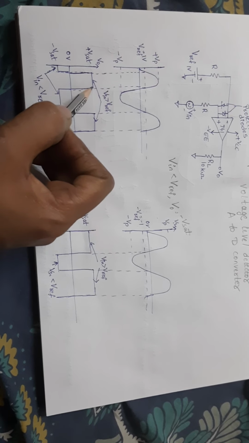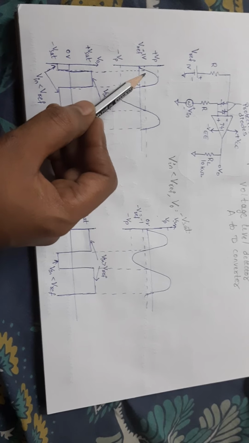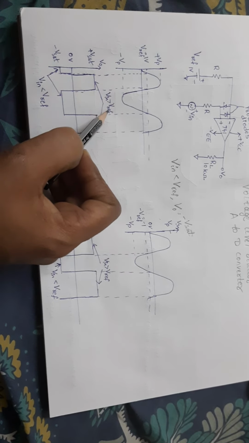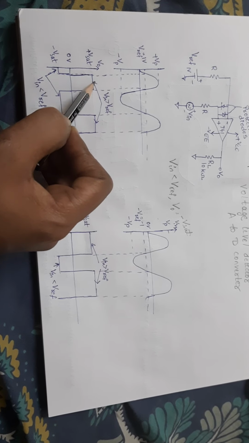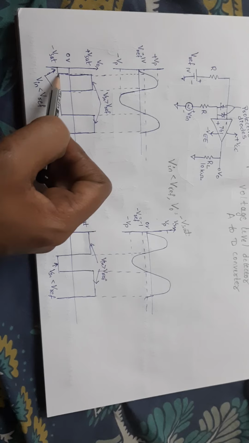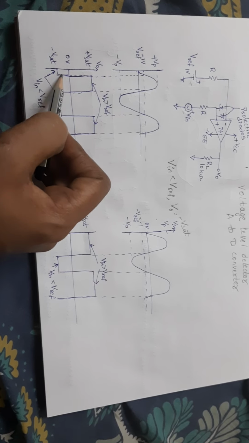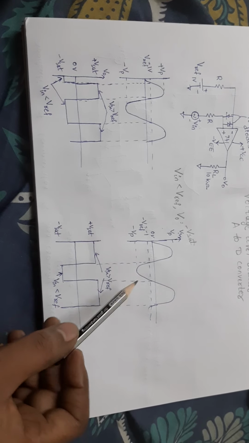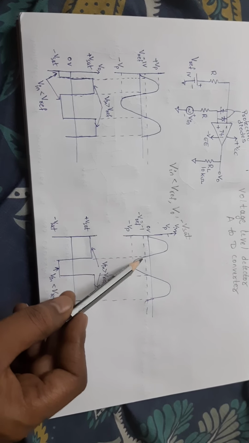This is a very simple concept. Whenever Vin is more than V reference, the output is at plus Vsat, and whenever Vin is less than V reference, the output is at minus Vsat. The same theory applies here, where we are taking minus V reference.